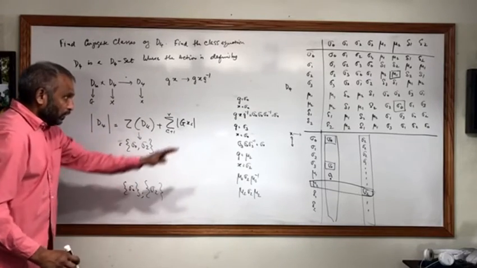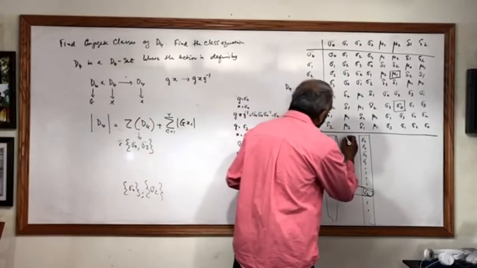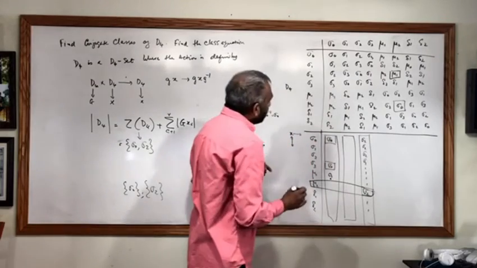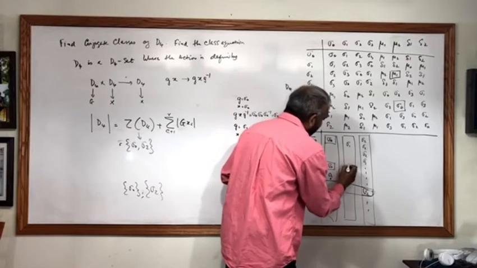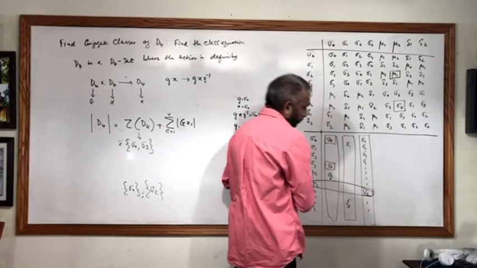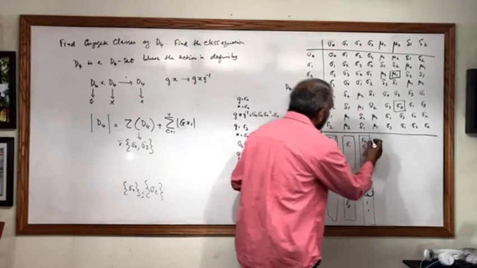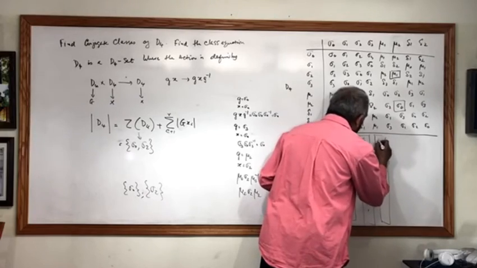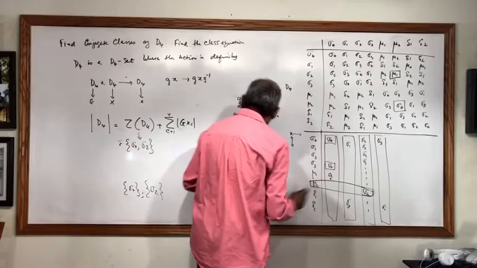One element class, we are going to find more. If you compute this column, we are going to get sigma 1 and sigma 3 in here. Similarly, here you get sigma 3 and sigma 1. So this orbit contains two elements.